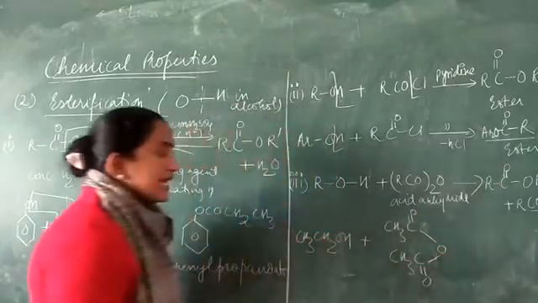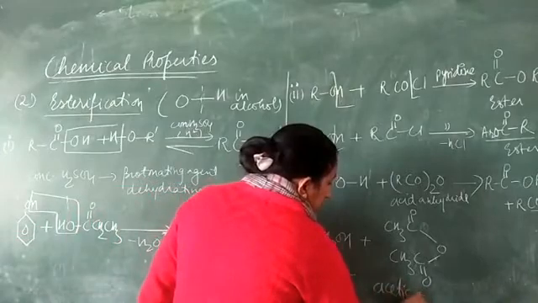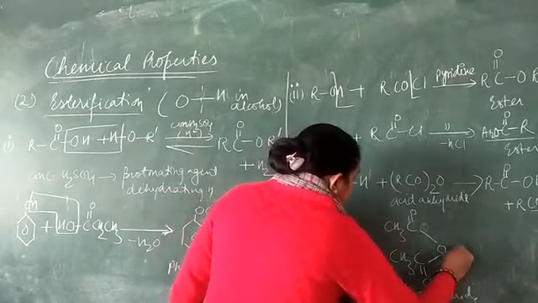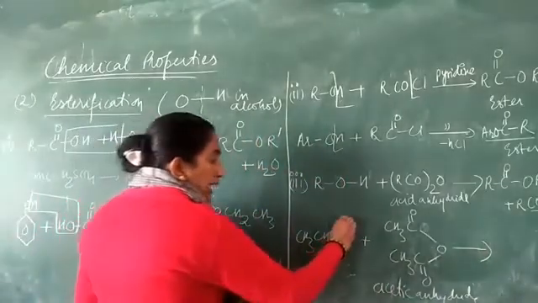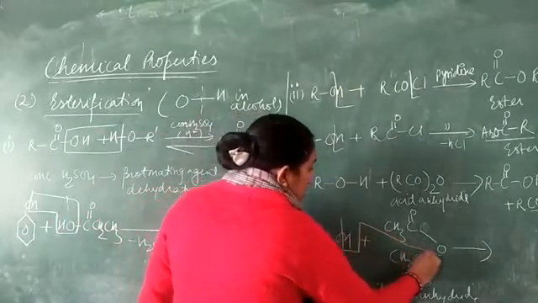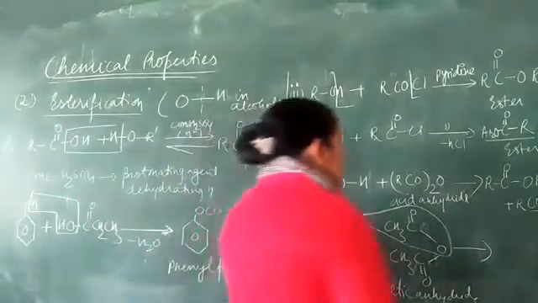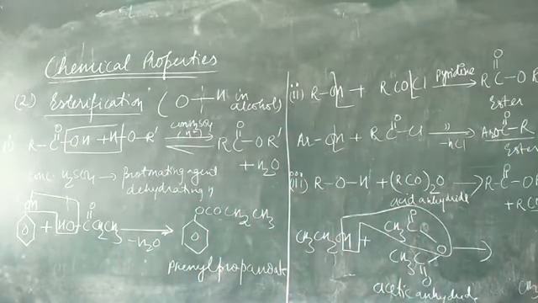This is acetic anhydride. So from here, students, this O-H will come from here, so we will get acetic acid, CH3COOH.